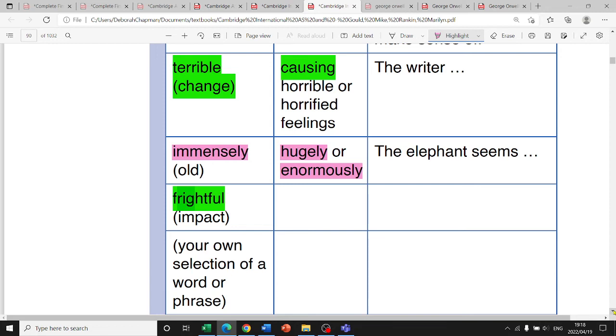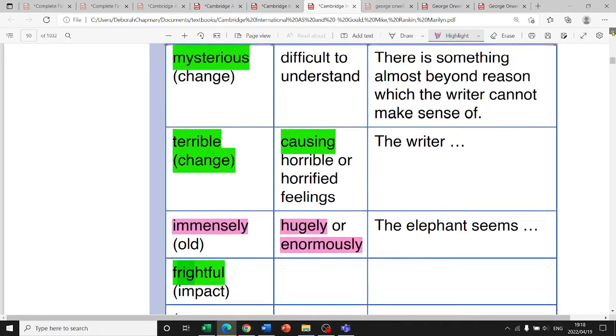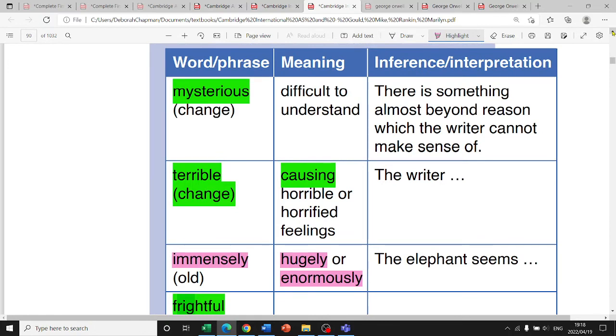I'd like you guys, again just on your own, to choose another word or phrase that you saw in the text, from this specific section, something that you may have highlighted. Follow the basic idea of the table. You can almost think of this as a type of planning. It's a very long planning, but it can give you some ideas.